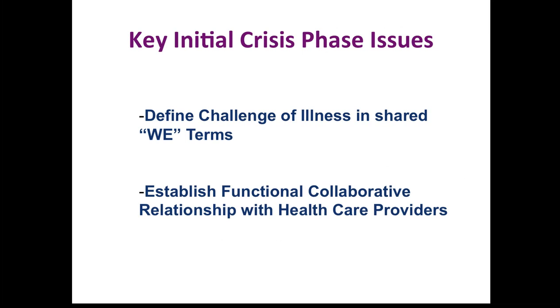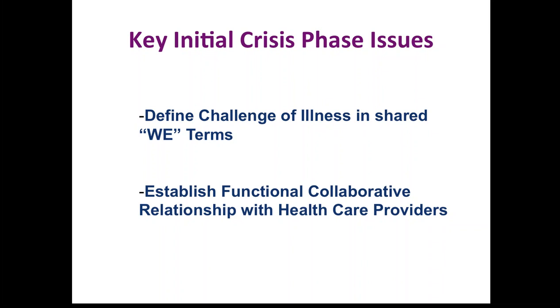One, that the family define the challenge of the illness in shared we terms. That means that there can be caregiving burden, there can be physical burden, but you don't get focused on, this is my illness. If families take a we position, a lot of the difficulties I see down the road where there's imbalances that develop in the family can be avoided to a great deal.